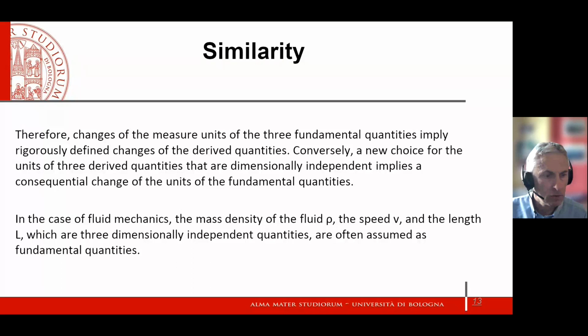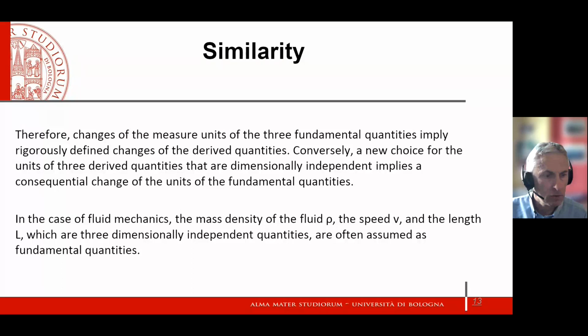What is important is the concept. The concept is that if these quantities are dimensionally independent and are in a sufficient number, then we can prove that any other physical quantity that is relevant in fluid mechanics has units that can be expressed in terms of the units of the fundamental quantities.